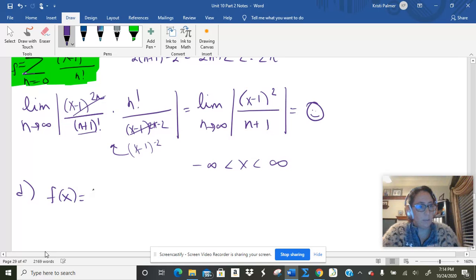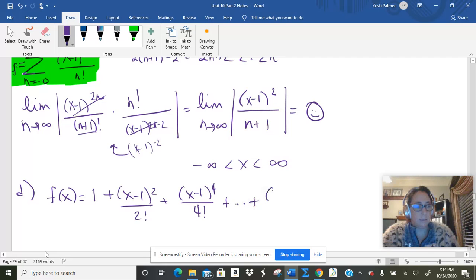F was this: 1 plus x minus 1 squared over 2 factorial plus x minus 1 to the 4th plus x minus 1 to the 2n minus 2 over n factorial. It's just easier for me to see it.